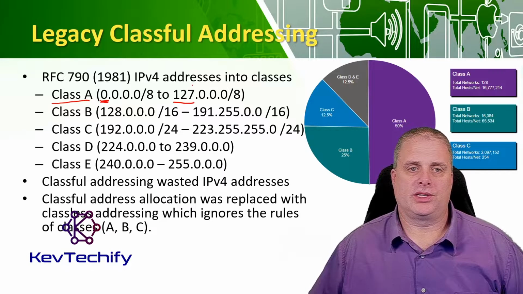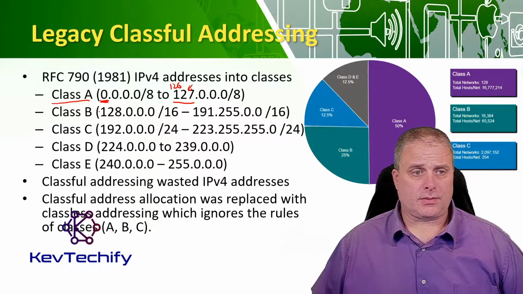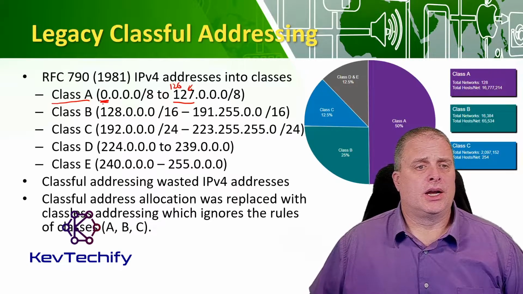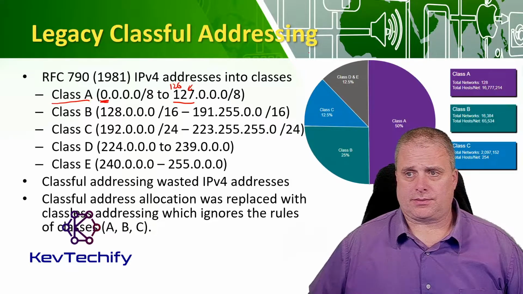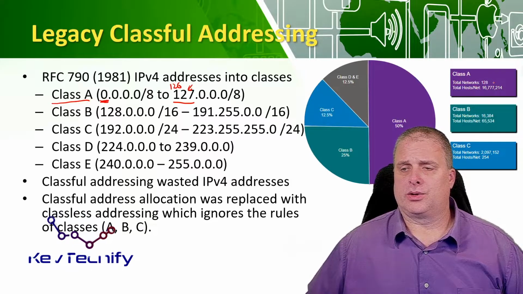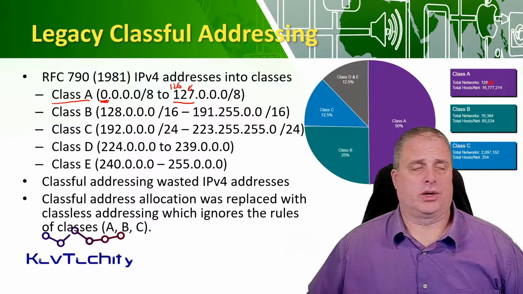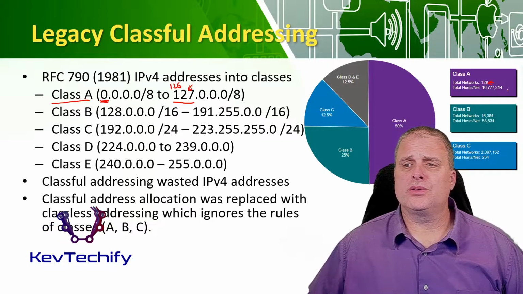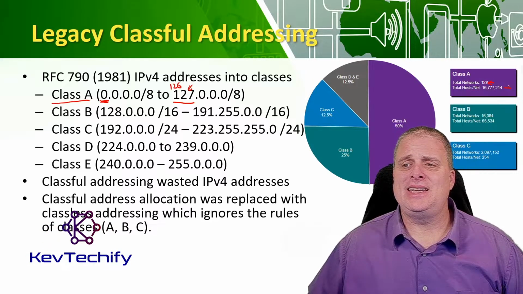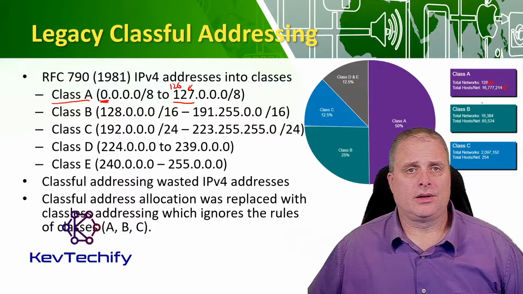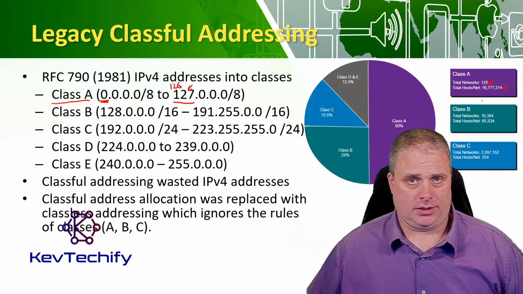Now remember, 127 is your loopback, so technically it goes to 126, but this is a Class A address. There's a total of 128 of those networks, but each one of those networks has 16 million hosts per network.